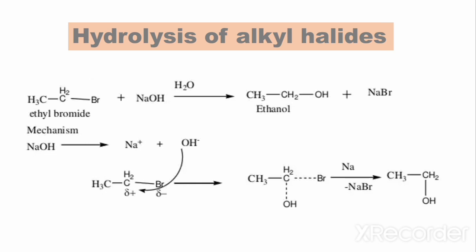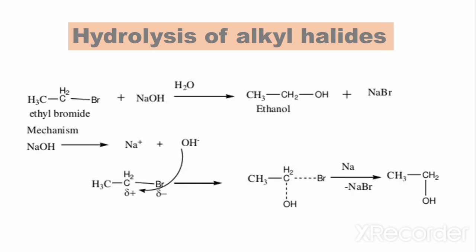And we will see the mechanism of how it reacts with the base. When the alkyl halide reacts with a base, the base will ionize, sodium will get a positive charge and hydroxyl will get a negative charge, and this negative charge then attacks the carbon that is directly attached to the halide group of the alkyl halide.